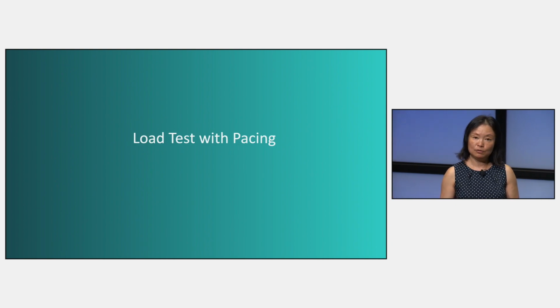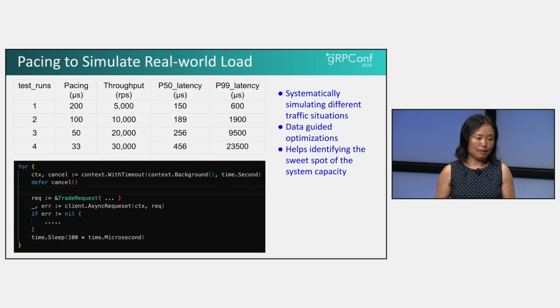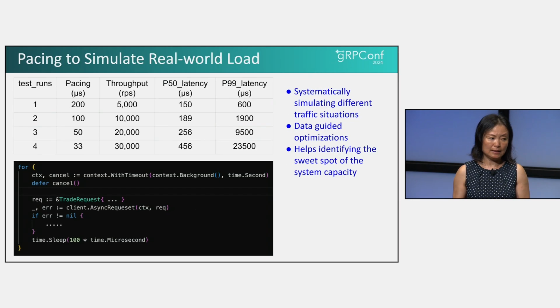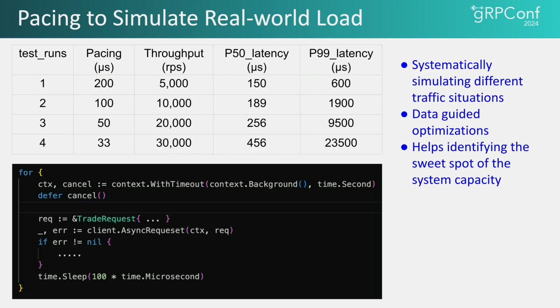Next, I would like to briefly mention the systematic approach we adopted in load testing the enhancements. Pacing is the key technique that we introduced to simulate different real-world load scenarios. By varying the sleep duration, we were able to generate different levels of traffic load on the system.